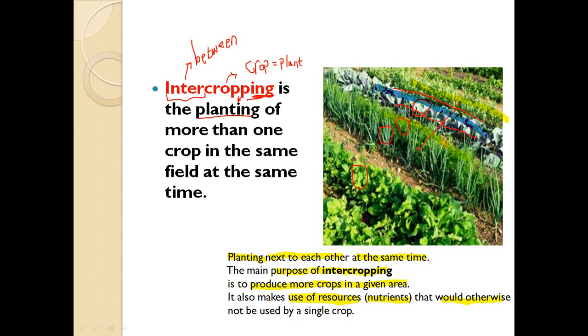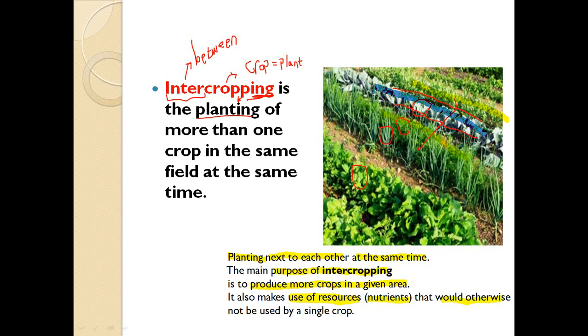So what we will do, we will put a lot of different types together through intercropping in one soil, okay? So all of them will use and eat the nutrients we have already put in the soil for them. So in this way we produce more crops in one given area. This is the purpose of intercropping. Why do we do this?